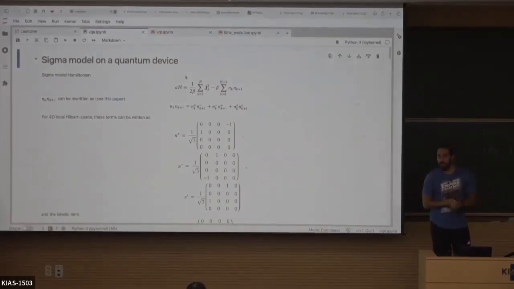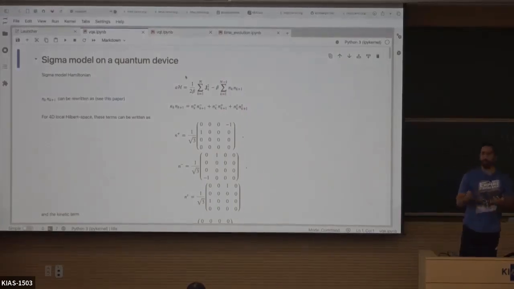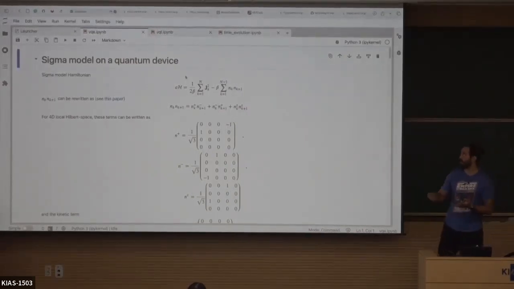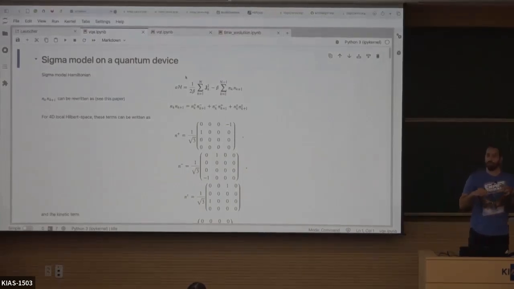In order to embed this kind of field theory into a quantum circuit, obviously we don't have an infinite amount of Hilbert space, right? So we need to truncate this Hamiltonian. There are a couple of different ways of truncating it. In the time evolution example, I'm going to show you a different way.